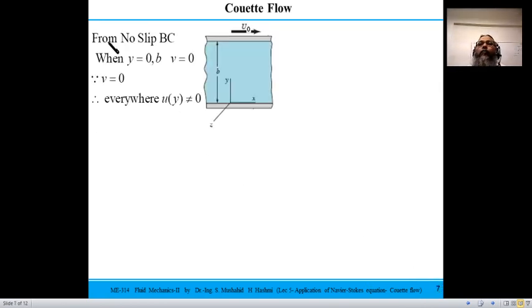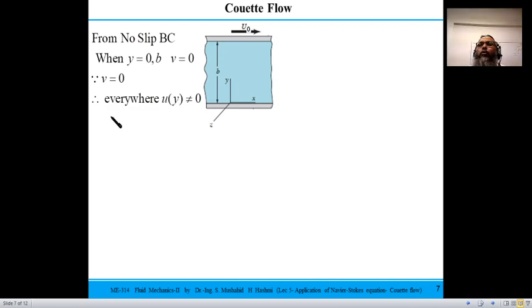What we learn from the no slip boundary condition is that when y is 0, you are here, and since this plate is stationary, the u component is 0. On the moving plate the u component of the velocity is u naught, but the y component of the velocity is 0, because no fluid is coming out of the plate, and the same is true on the moving plate as well.